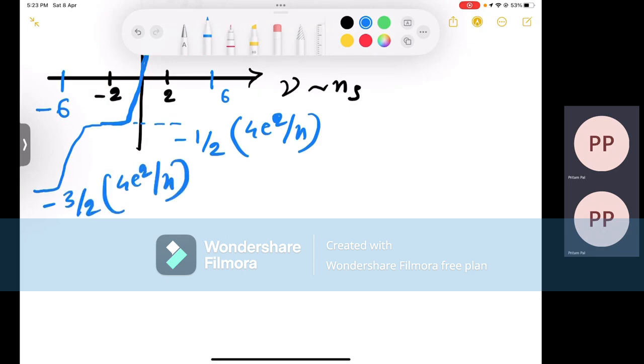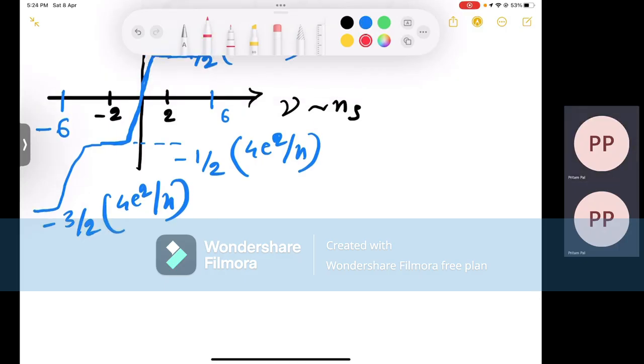So the quantum Hall effect in graphene is half integer in the units of the conductance quantum, right? So I'll rather write the statement.